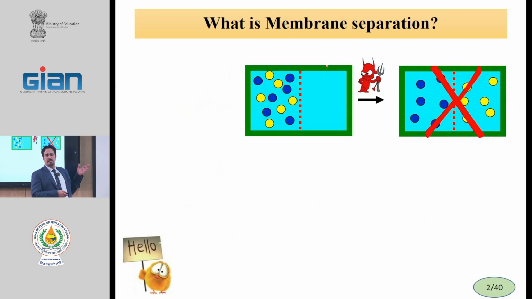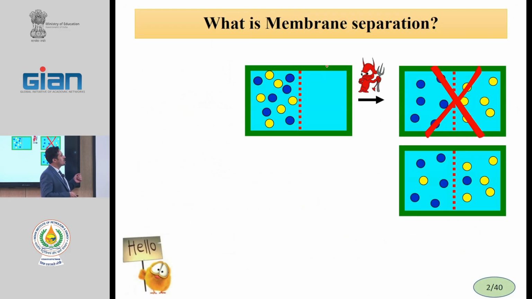We have a rejection of, for example, 98%. That means some molecules cannot pass, and some solvents, some ions, some molecules can pass. And therefore, the selectivity is not infinite.